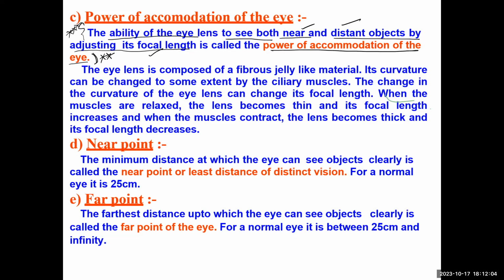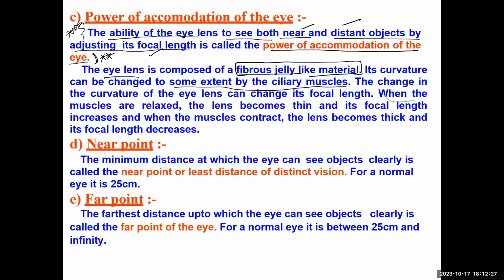Now let us go to this part. What is the eye lens composed of? The eye lens is composed of a fibrous, jelly-like material. It has a fiber material which is jelly in nature, and its curvature can be changed to some extent by the ciliary muscles.